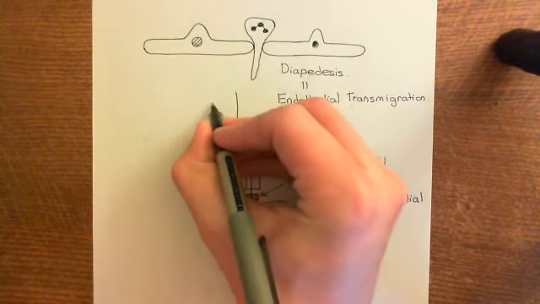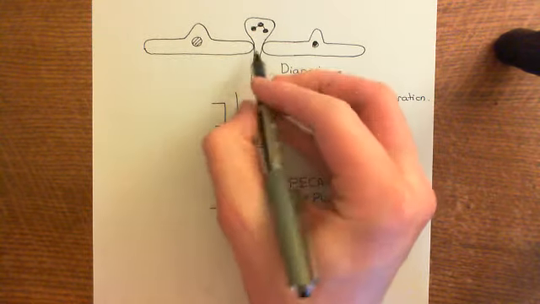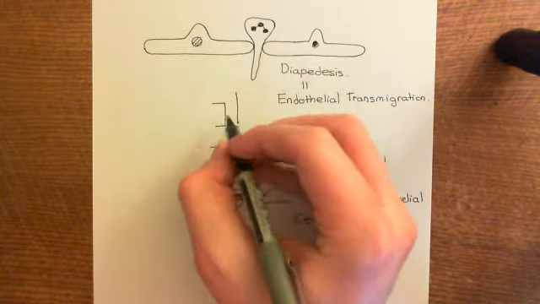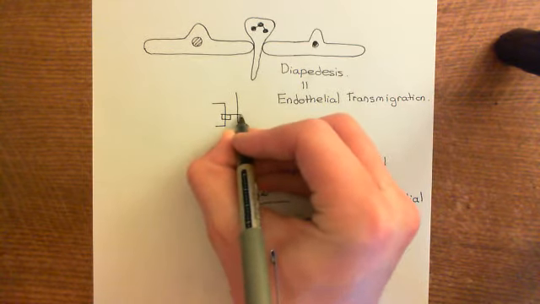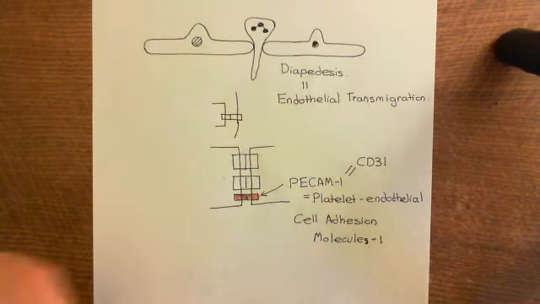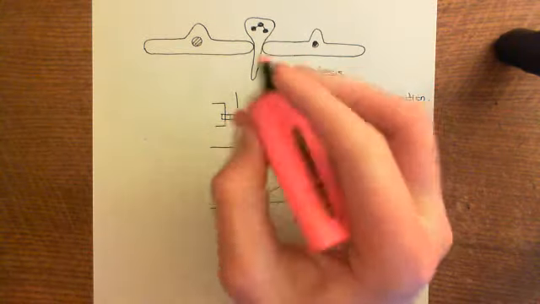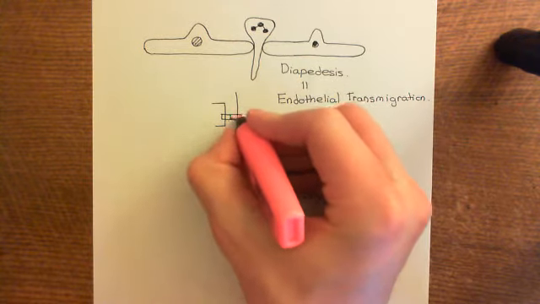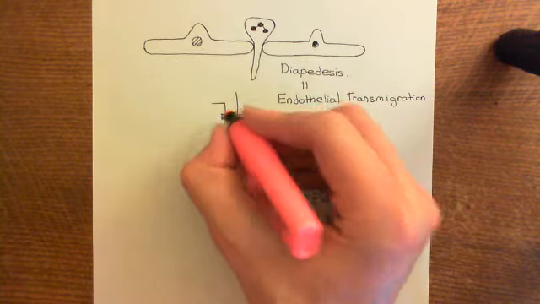So what you'll get basically is an interaction between the neutrophil membrane here, so let's say this is the neutrophil membrane and this is the endothelial cell membrane, so you'll have PECAM1 on both cells binding to one another. And this is thought to be a very important interaction for helping the neutrophil through that gap between the endothelial cells.